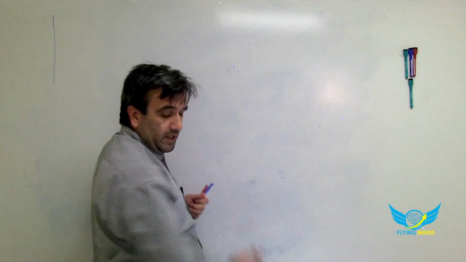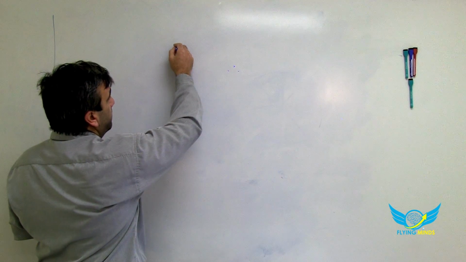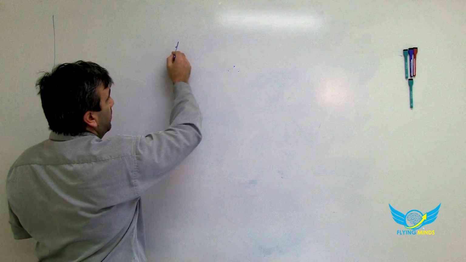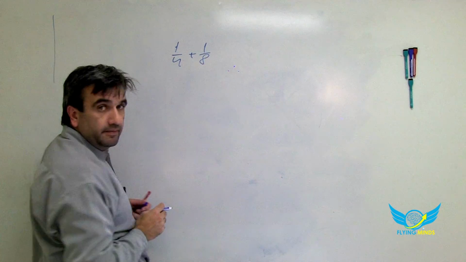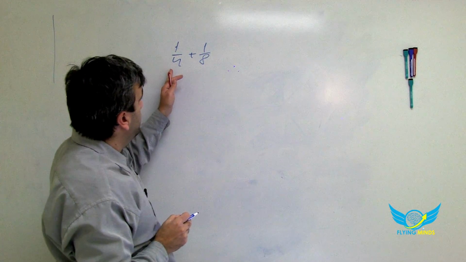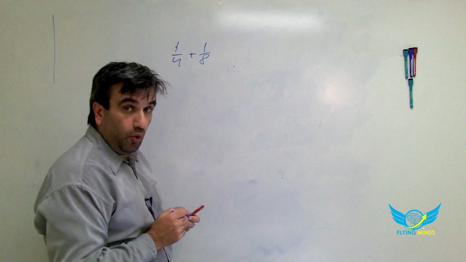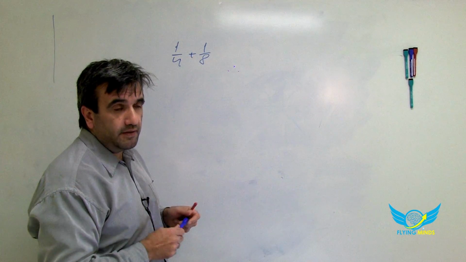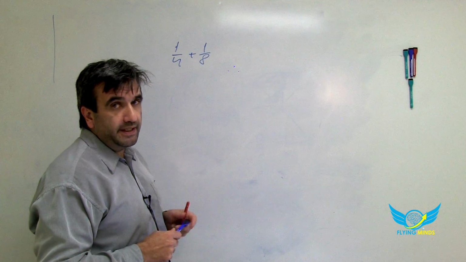So this was a model. Mathematically, how do we do it? We have 1/4 plus 1/8. How do we bring them to a common denominator? We need to remind ourselves of the least common multiple.